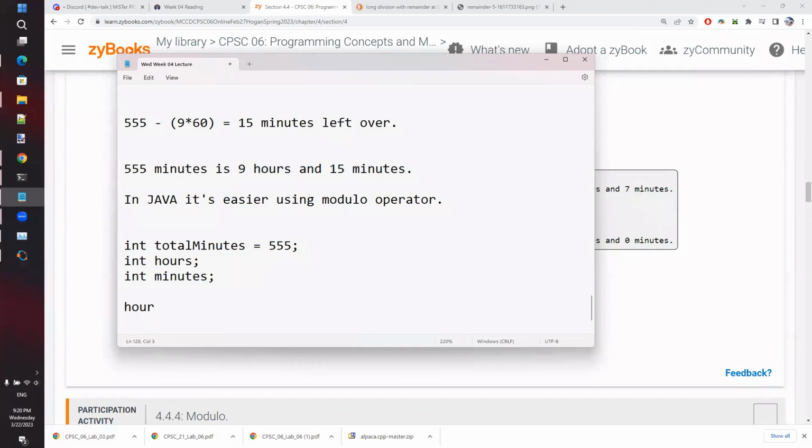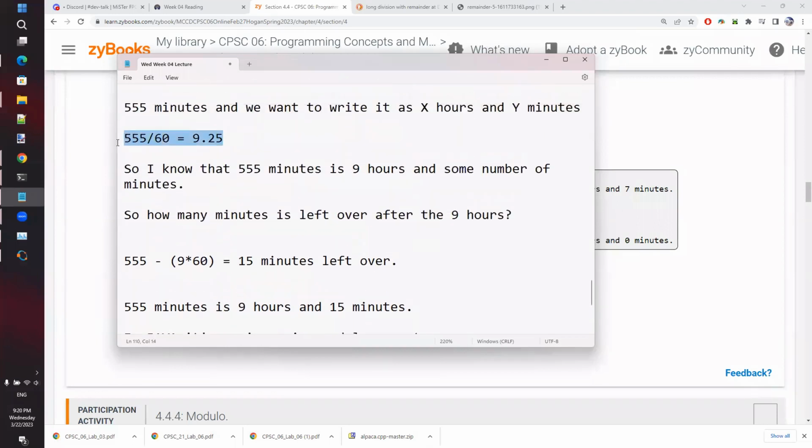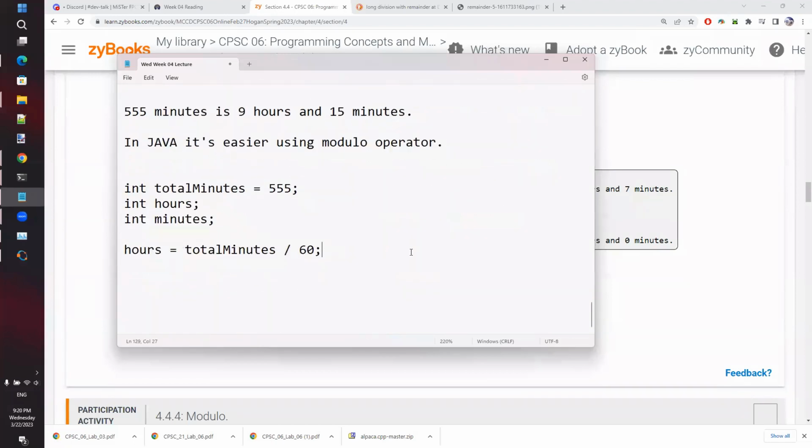For hours, I would just take the minutes, which is the 555, and I would just divide by 60, right? Because that's the same as this calculation, but in Java, there's nothing past the decimal point. So when I do 555 over 60, I'm just going to get the 9, which is what I want. So this will just give me the 9.